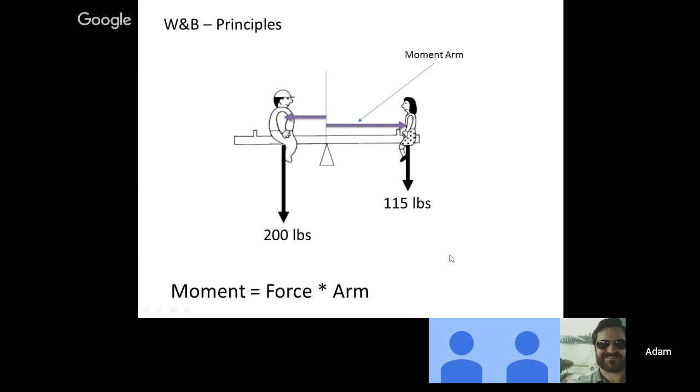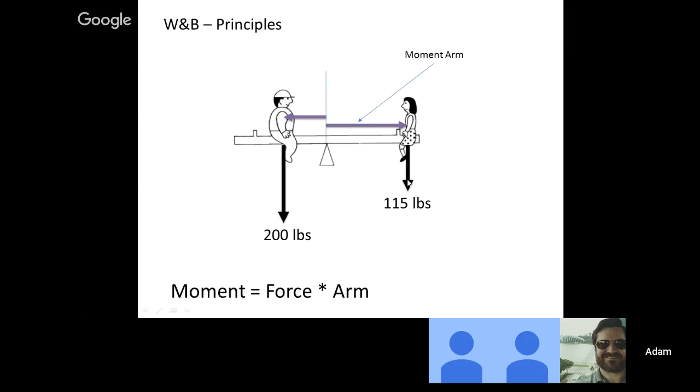Okay, we talked moment arm before. We defined moment arm, and now we're gonna get into a little bit of math. In this particular example, you've got the heavier individual over here, 200 pounds on one side of the seesaw, and you've got the lighter individual, 115 pounds on the other side.